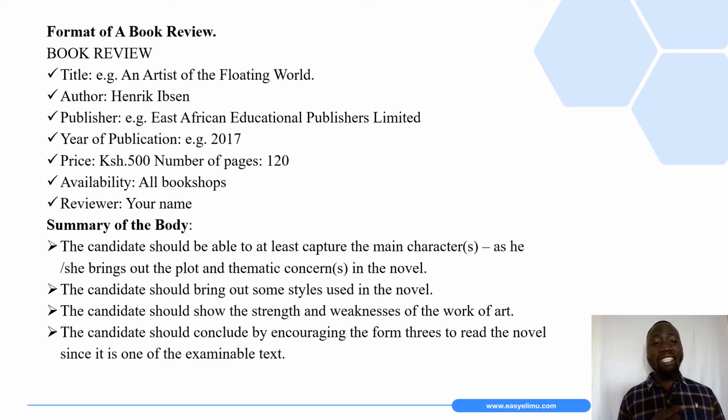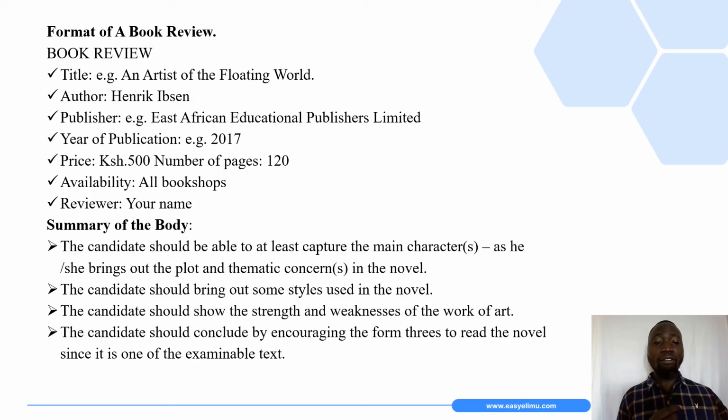So remember, the details that we are using in this format are not accurate. They are just examples to guide you on how you are supposed to be writing your format, or rather your layout, before you start reviewing the book. Then after writing the number of pages, you move to the next part, that is availability. So under availability, you can talk about where the books can be found.